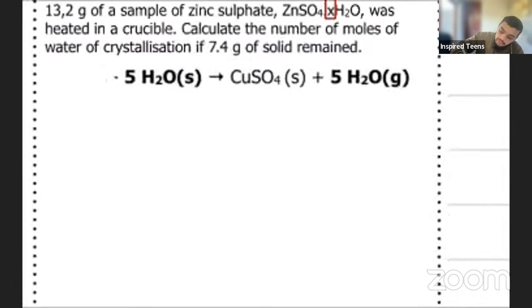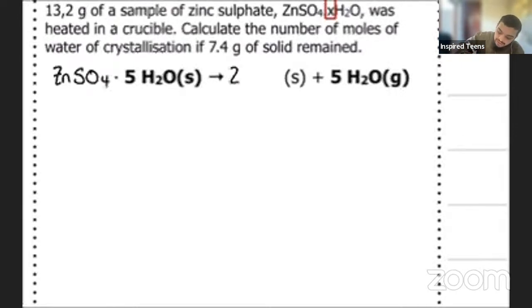Let's see. Yeah, that's fine for now. And let's get rid of this. Okay, that's okay as well. What is it? Zinc sulfate. Okay, let's look at ZnSO4 bonded to that.